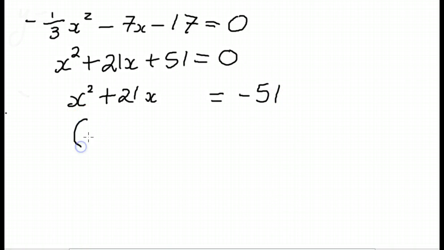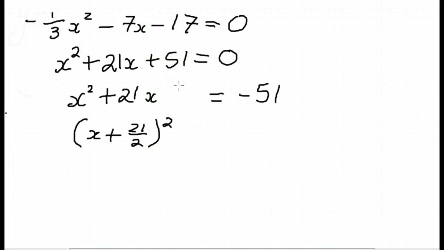We've left some space here, and we're leaving some space here. Set of brackets. I need to find a binomial. I need to make a perfect square trinomial. I do that. x plus half of 21 is 21 halves squared. When you square this, you'll get x squared plus 21x plus 21 squared over 2 squared.